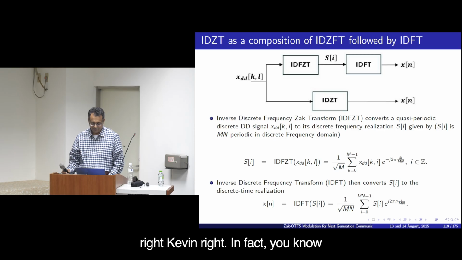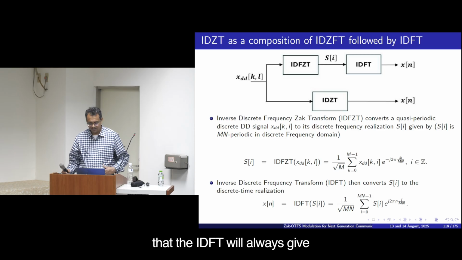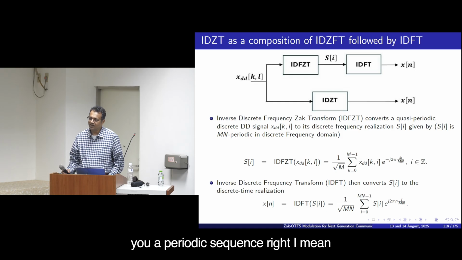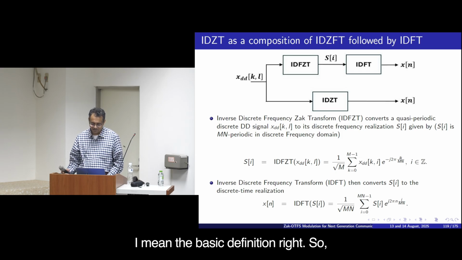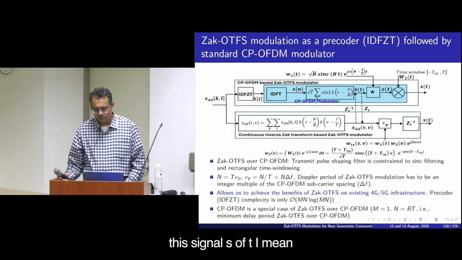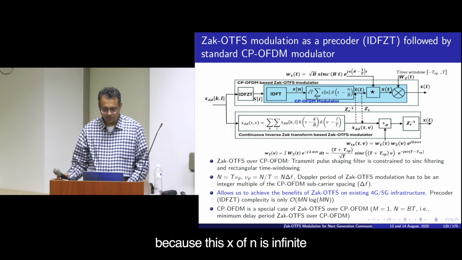In fact, you know that the IDFT will always give you a periodic sequence, because the DFT is defined for a periodic discrete time sequence, right? The basic definition. So this signal, because this X of n is infinite time, is the output of the IDFT. We saw that in the math right now.